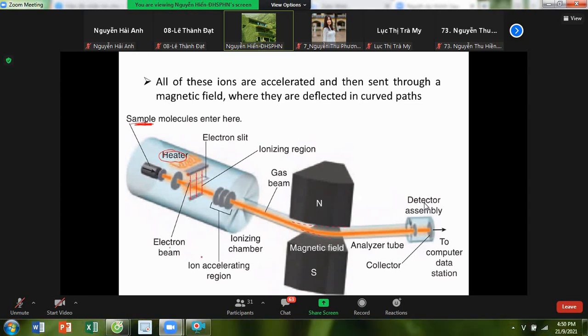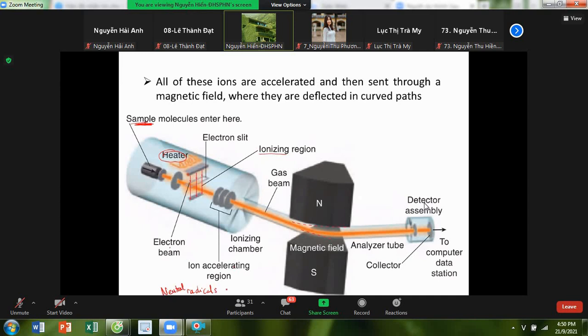And when your sample is bombarded with high energy electrons, it will be ionized. So it is an ionizing region, and in this region the ions will be accelerated. So you see that radicals are not accelerated. Radical is neutral, right?